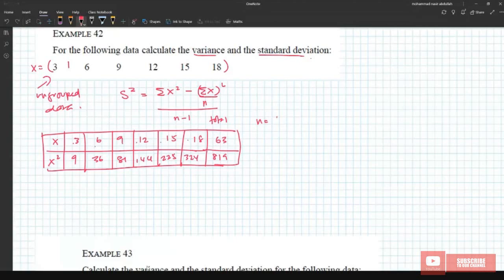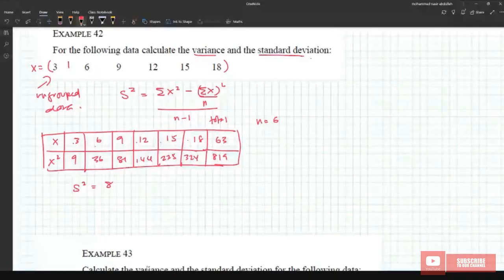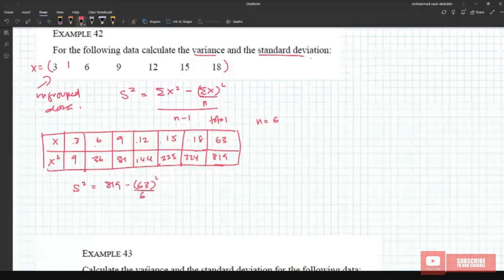To find the variance, summation of x squared is 819 minus summation of x, which is 63, squared, divided by n equal to 6, divided by n minus 1, equal to 6 minus 1.